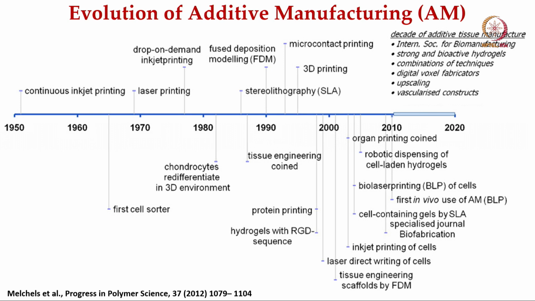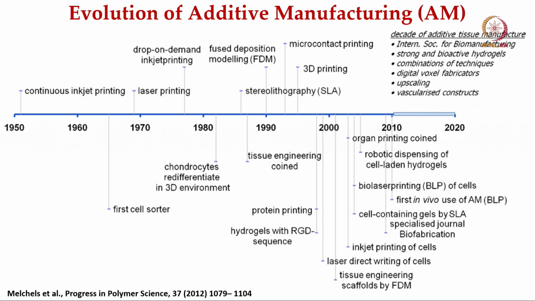Somewhere between 1960 and 1970, the first cell sorter was invented, and people found out how to sort cell populations into different classes. Just before 1970, laser printing was invented. Around 1976-77, drop on demand inkjet printing was patented.